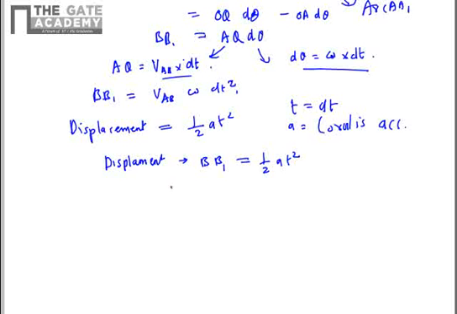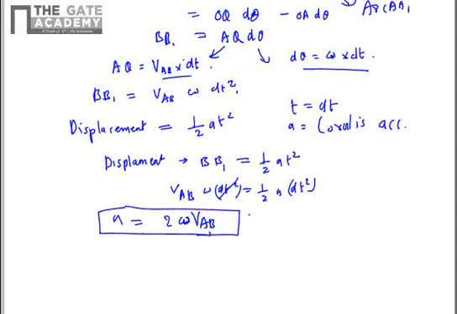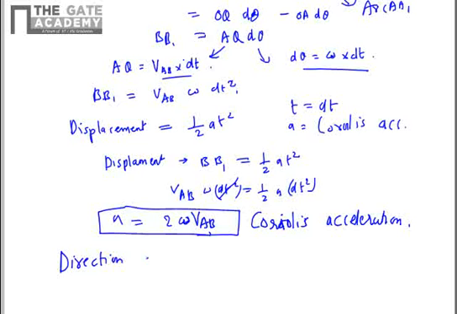We will put the values: VAB omega dt square is equal to half a dt square. The dt square gets cancelled, and acceleration is equal to 2 omega VAB. So like this we have determined the expression for Coriolis acceleration.